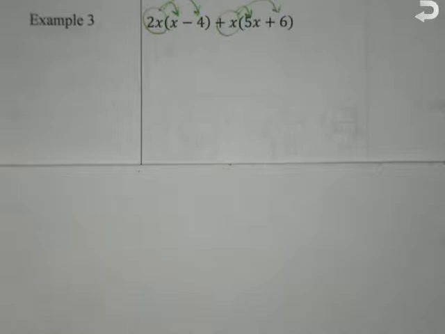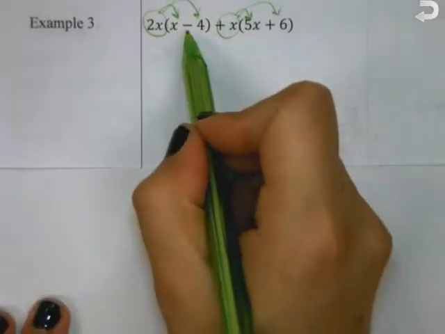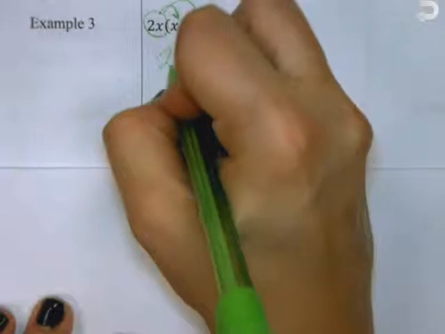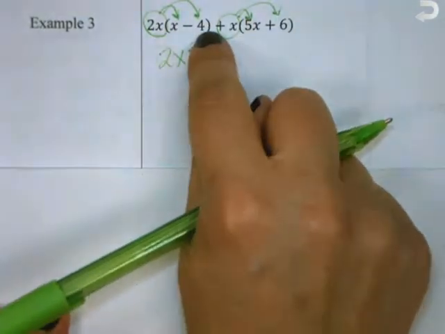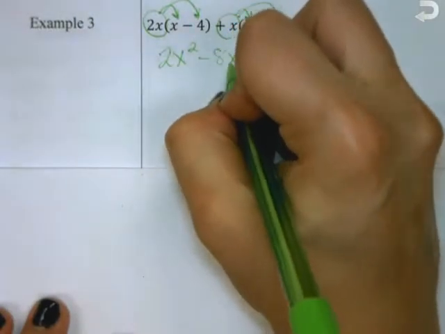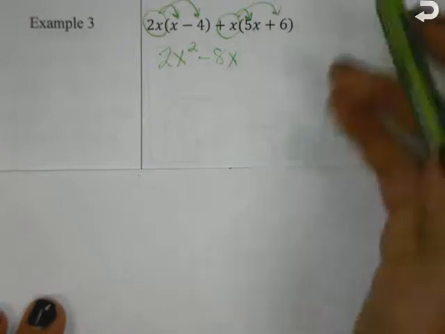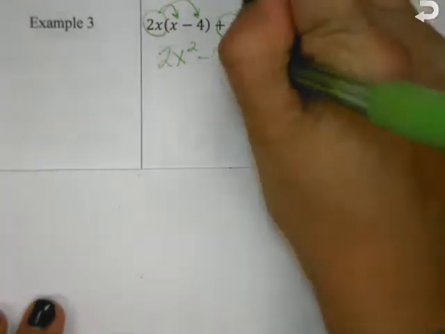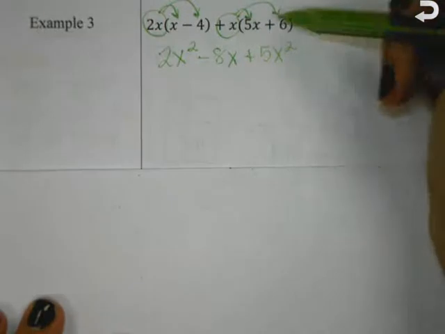Let's see if we can do this without having to write it all out. What's 2x times x? 2x squared, good. Minus 2x times 4? 8x. X times 5x, what's that give me? Good, plus 5x squared. And then x times 6 is plus 6x.